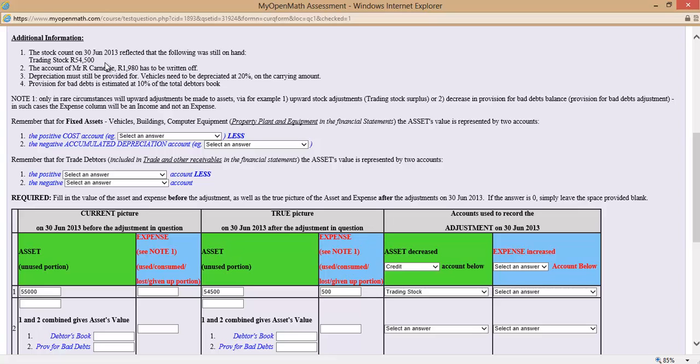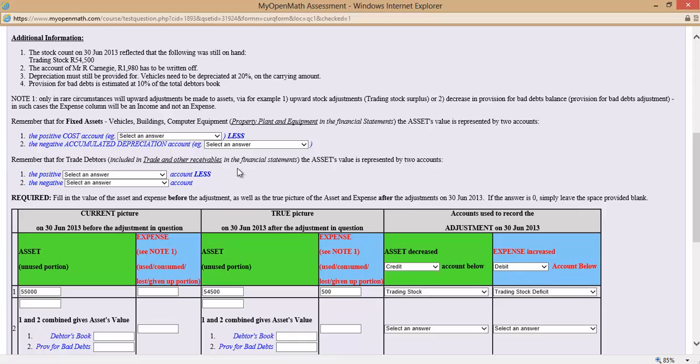In this case we've got less assets, so we've actually lost some of our asset, so our expense increased. If an expense increases, we need to pass a debit. Good. Then which account do we need to debit? Regarding this transaction, it's going to be the trading stock deficit account. So I hope you get the picture of how we're going to complete the rest of this question.